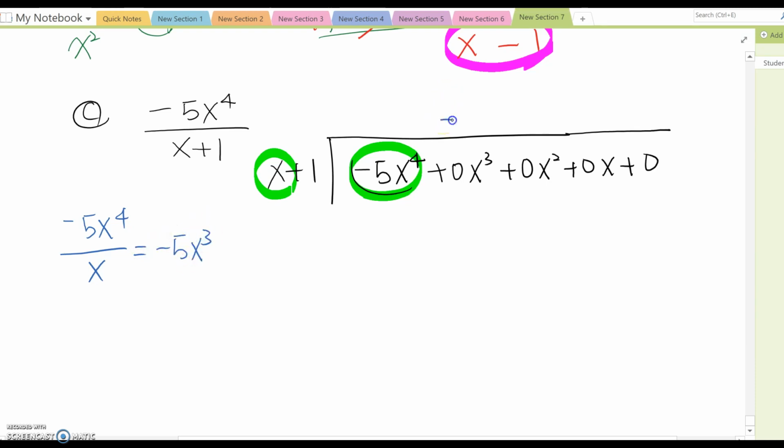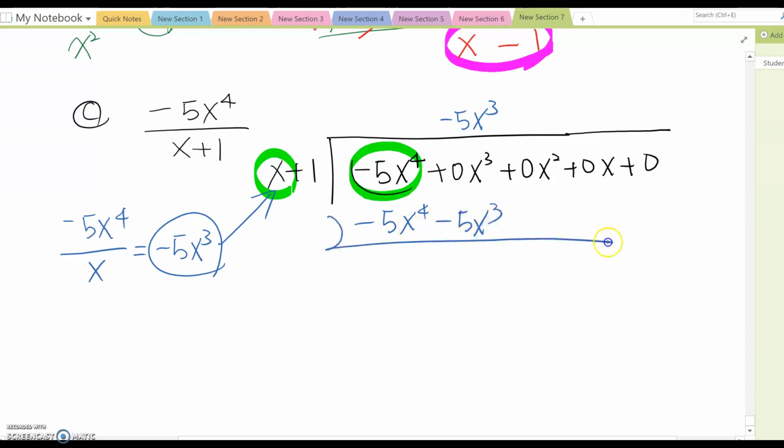So put negative 5x cubed here, and multiply this with the divisor, which becomes negative 5x fourth minus 5x cubed. And we subtract, which means we switch their signs. So this is gone, and now the remainder becomes 5x cubed plus 0x squared.